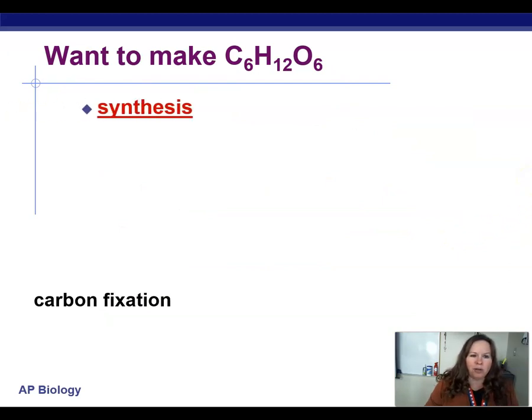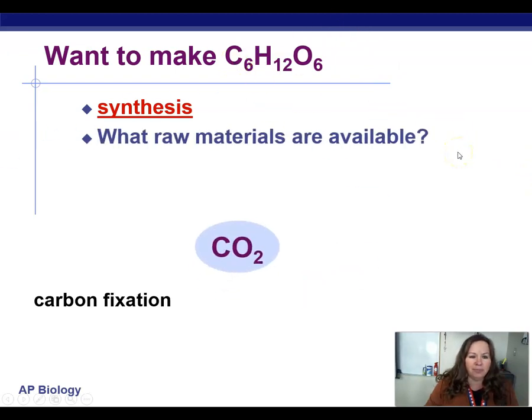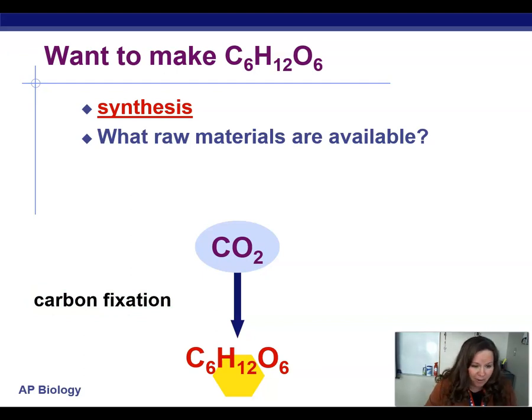We want to make glucose. Remember, glucose is a carbohydrate. It has carbon, hydrogen, and oxygen. So what materials are available for us to do this? Well, carbon dioxide, which is in the atmosphere, contains a carbon and an oxygen.